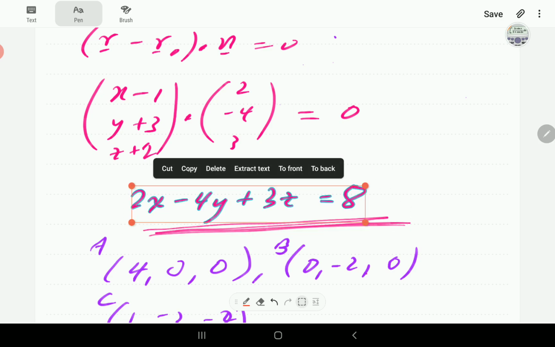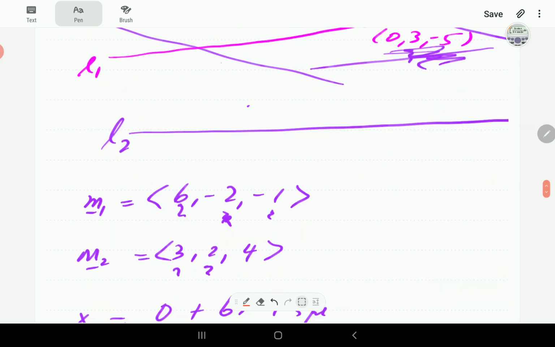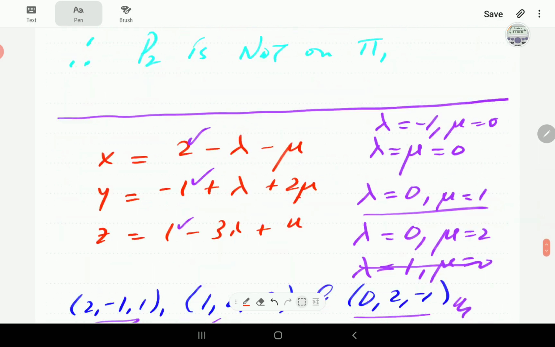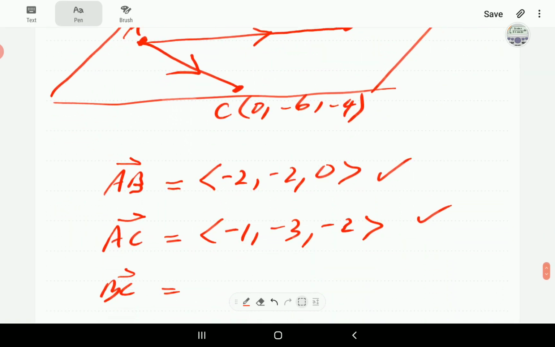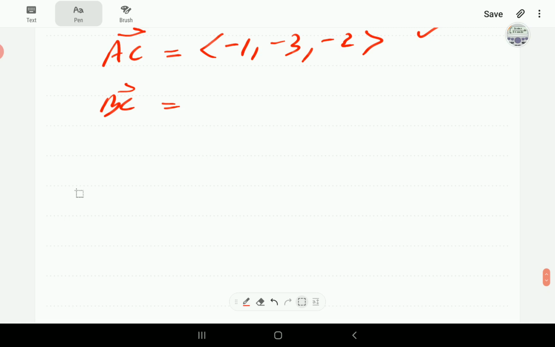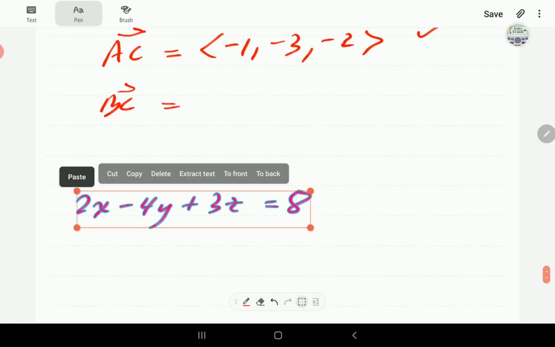So I'm just going to paste the scalar equation for pi 3 here, and that's what we're going to use to answer this question.